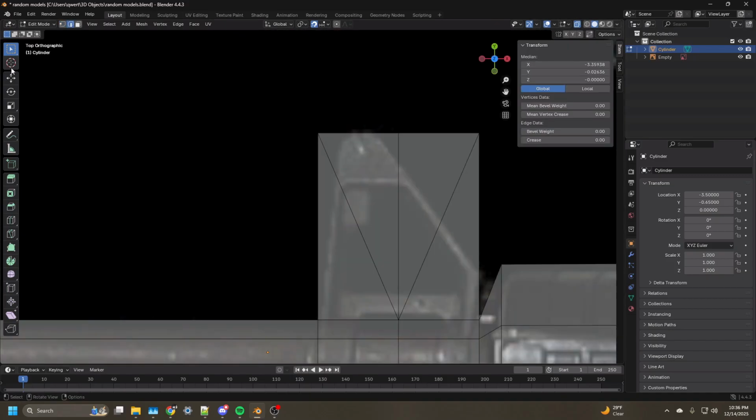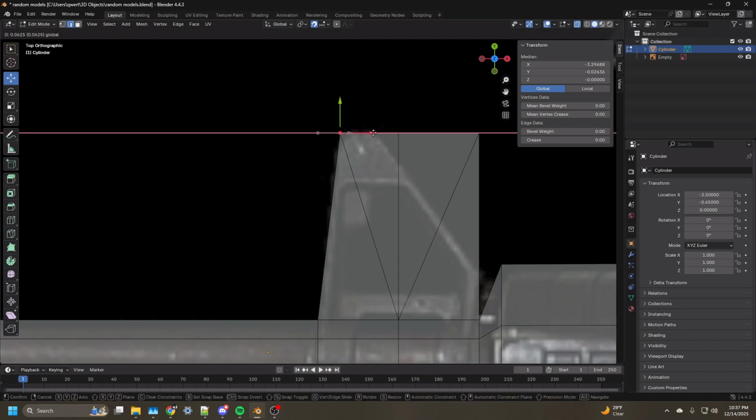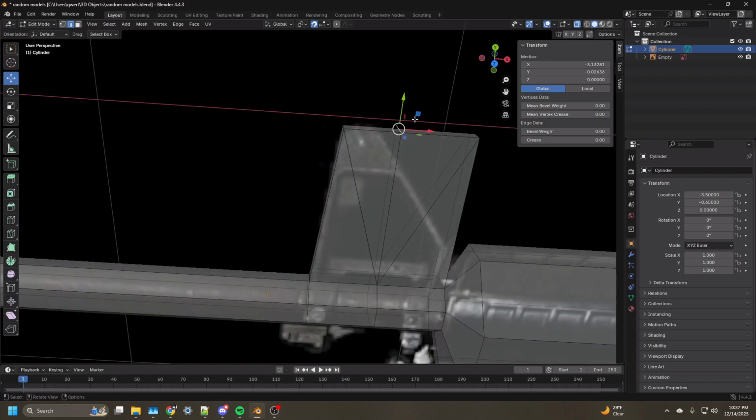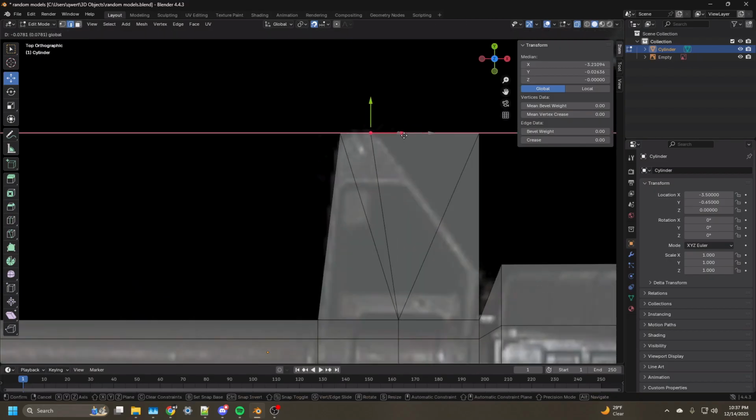Yeah, my plan in this is to align that there. Take this and align it here.